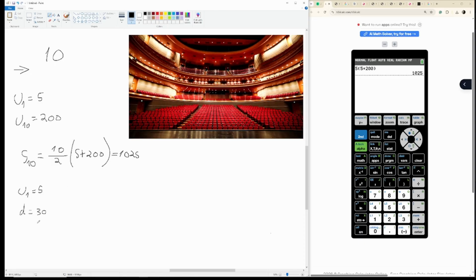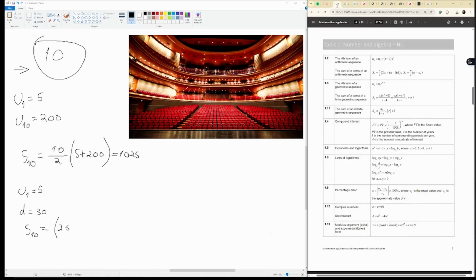Then we can just stick to the other formula, S10, because we're still searching for the 10 minutes, equals 10 divided by 2 times (2 times 5, because it's in the booklet, you can also check it, I will put it up for you, plus (10 minus 1) times 30).